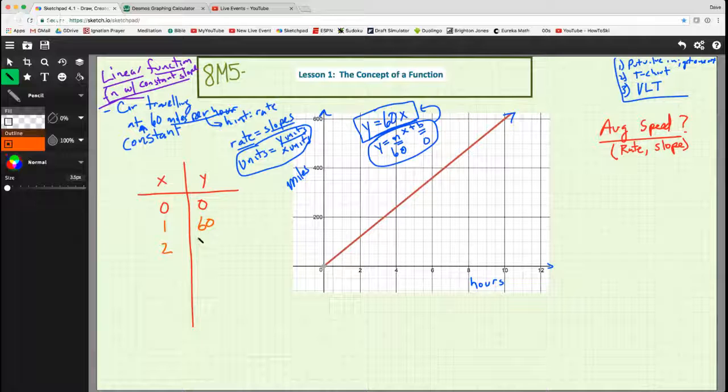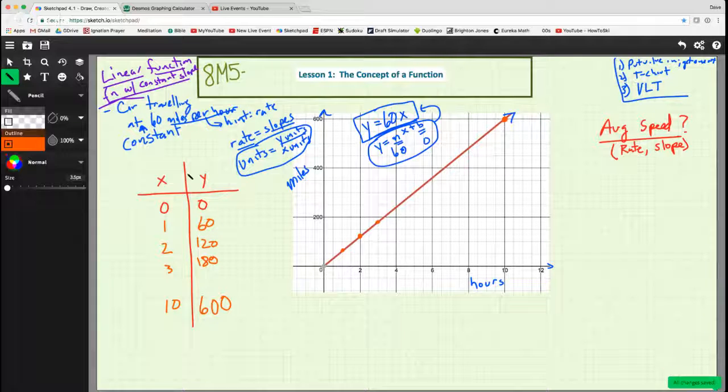After 2 hours, you're at 120. After 3, you're at 180. And after 10, if I plug 10 in here, I'm at 600. Which makes sense because here's my 10 comma 600. So it's all looking good. 1 comma about 60, 2 comma about 120, 3, 180. It's all looking pretty good here.